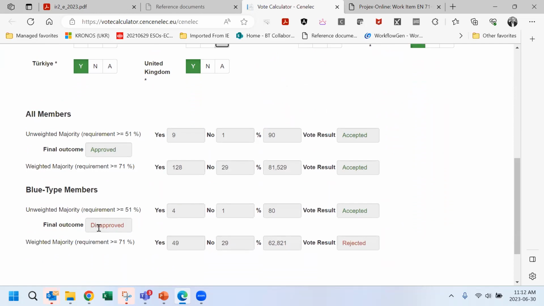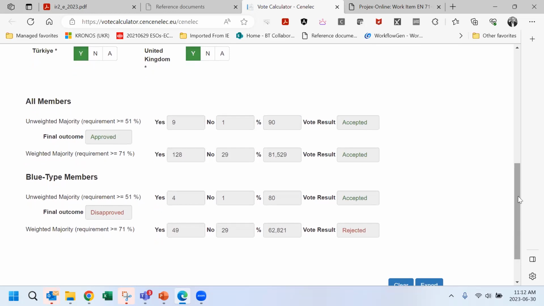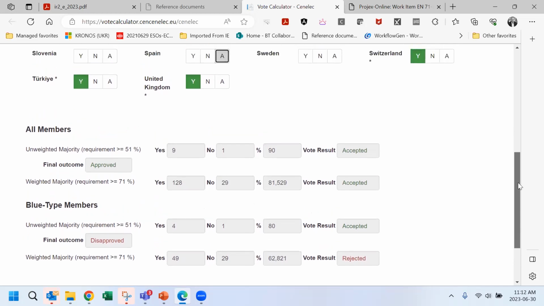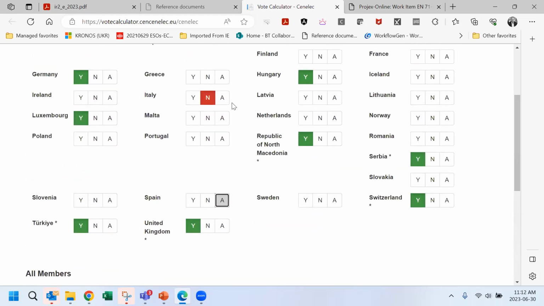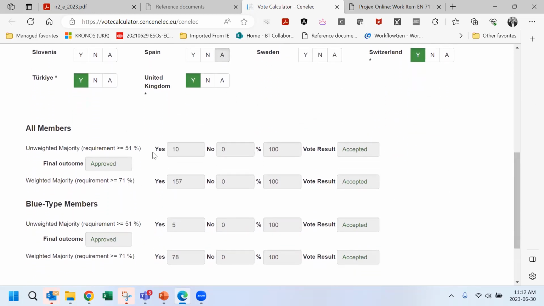the decision to accept the standardization request, then it goes pending, and we, as the BT team, have to organize the BT meeting in order to discuss this specific aspect. Let's imagine, for instance, that Italy voted positively. You can see that the blue tie members in this case change.